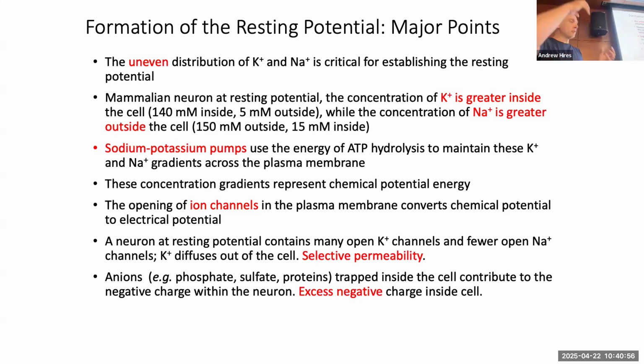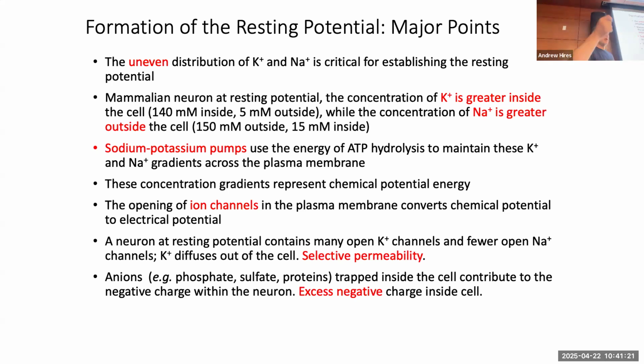And that concentration gradient is a chemical potential energy that's going to want to move ions if ion channels are open for that specific ionic species. When an ion moves through that channel, that changes the electrical potential, okay? It tends to create an imbalance, a change in the membrane potential.